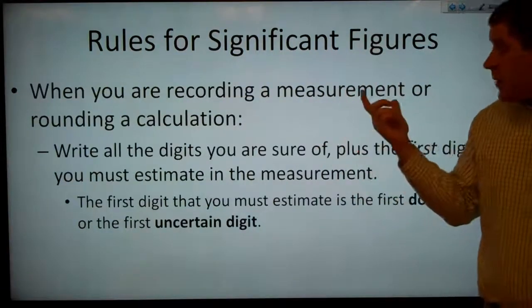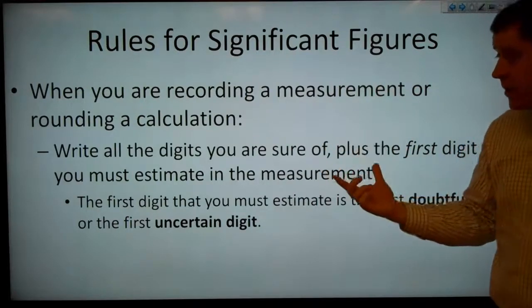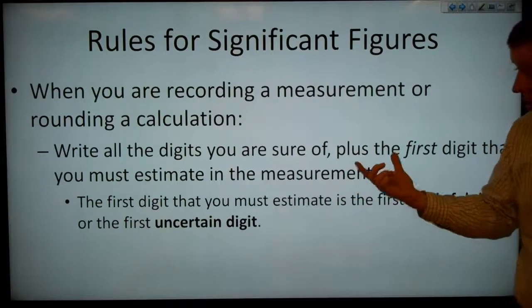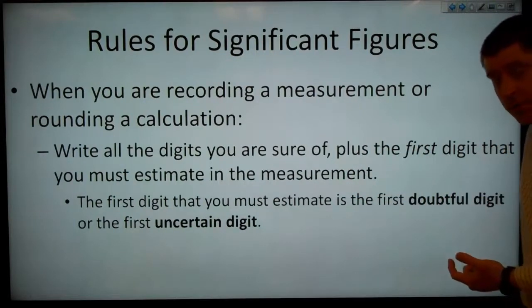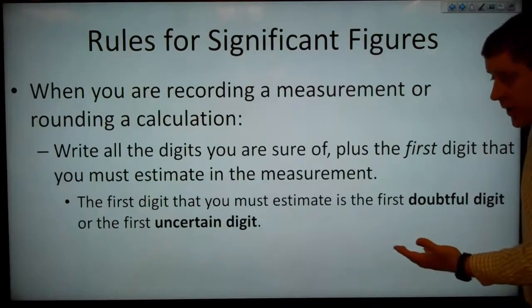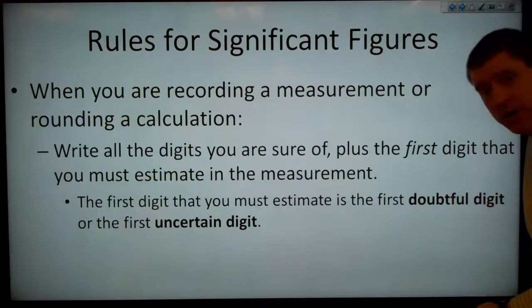When you're recording a measurement or rounding a calculation, first, write all the digits that you're sure of, plus the first digit that you must estimate in the measurement. The first digit that you must estimate is the first doubtful digit, or the first uncertain digit.